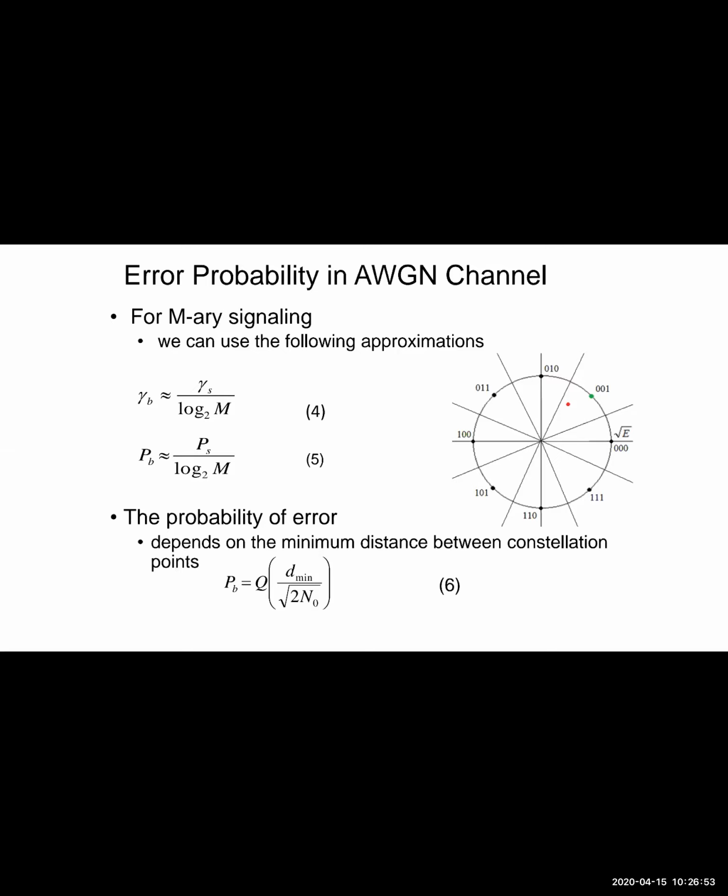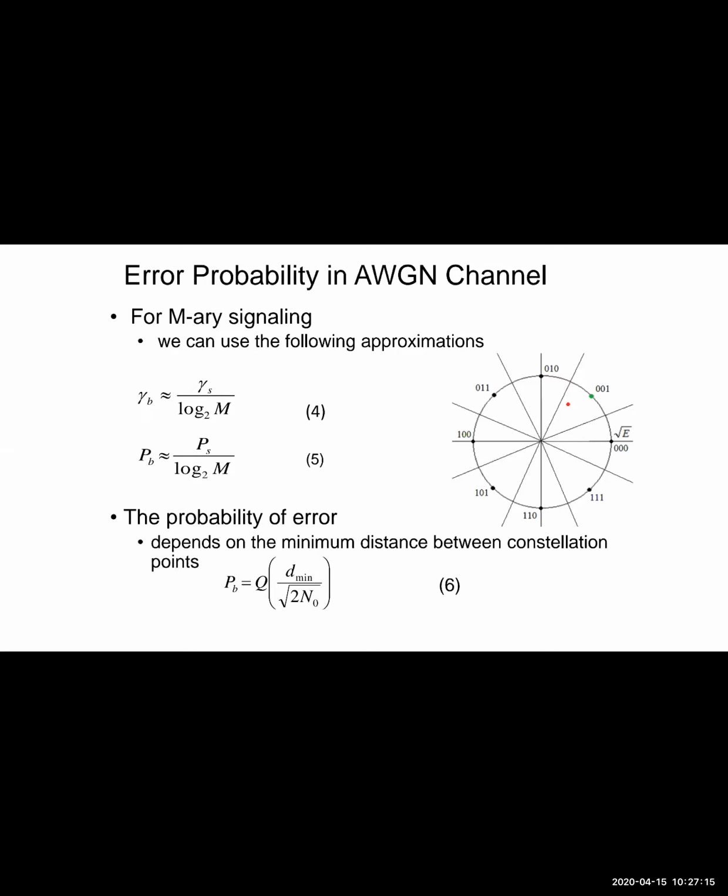Okay? So what we want to see is what is the distance between the points. The distance between the points will determine the probability of error. If the distance between the points are too close, then when you receive a point, you can't tell whether it is in this quadrant or that quadrant or that portion of it.